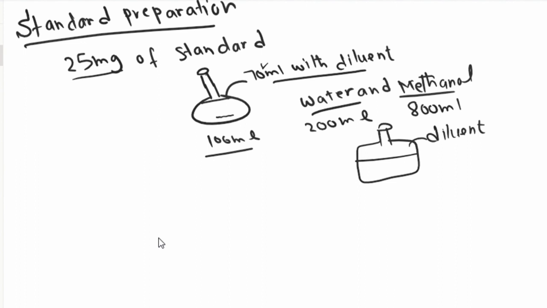After that you have to sonicate for 10 to 15 minutes. That should be according to specification, but generally it is sonicated for 10 to 15 minutes, along with the sample. That is the standard preparation.